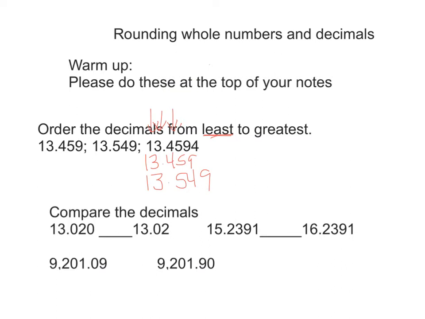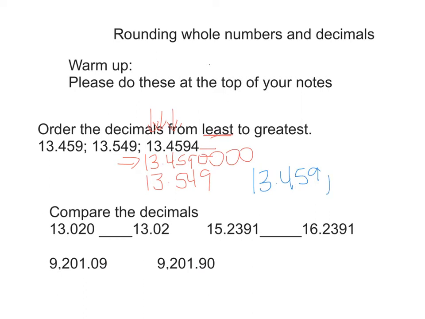Okay, if I compare these two decimals, I can see that the 5s are the same, the 9s are the same, and then one has an extra 4. Now remember, we can put as many zeros behind the decimal as we want in order to help us compare. Okay, so now I have a 0 and a 4, which tells me that this decimal, 13 and 459 thousandths, is the least. So I'm going to write that number first.